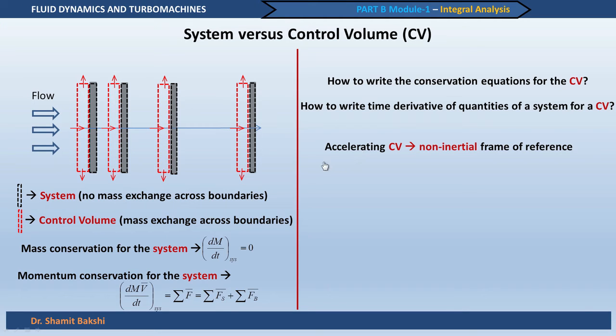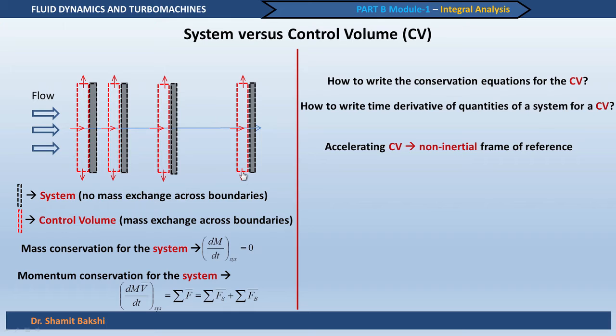Now, before we go ahead with looking at how to write the time derivative of quantities of a system in terms of that of a control volume, let us introduce ourselves to the concept of an accelerating control volume. For example, in this particular situation, the plate is accelerating, and as the control volume is sticking to the plate, it is also accelerating along with the plate.